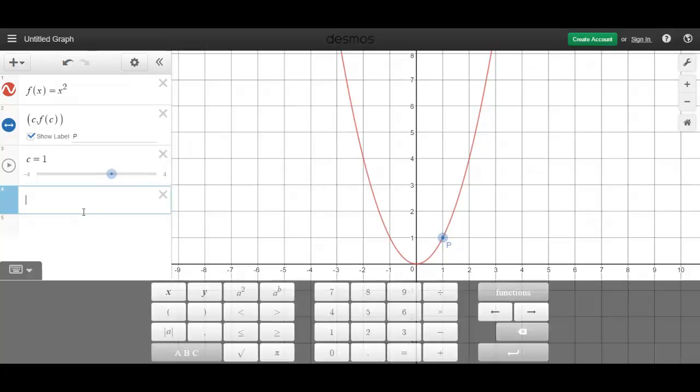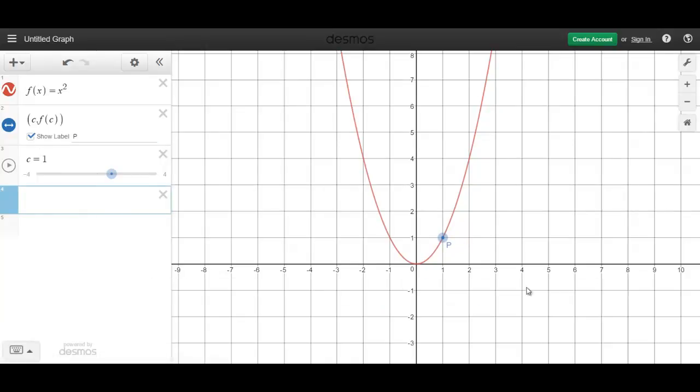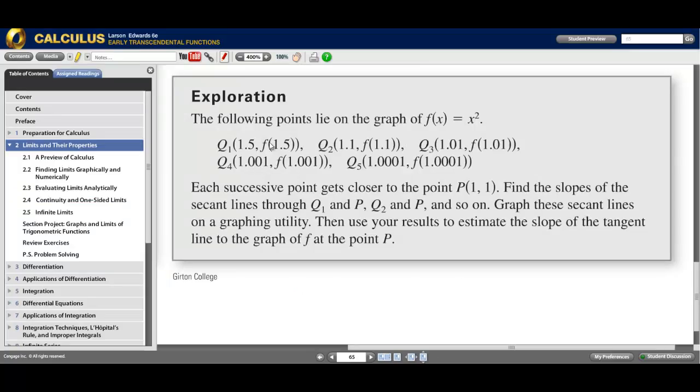That's nice. Okay, what we want to do now is plot points Q1, Q2, Q3, Q4, Q5 according to this right here. I could make a dynamic abstract formulation and then use that like a slider to move Q back and forth, but for the time being, let's be static.